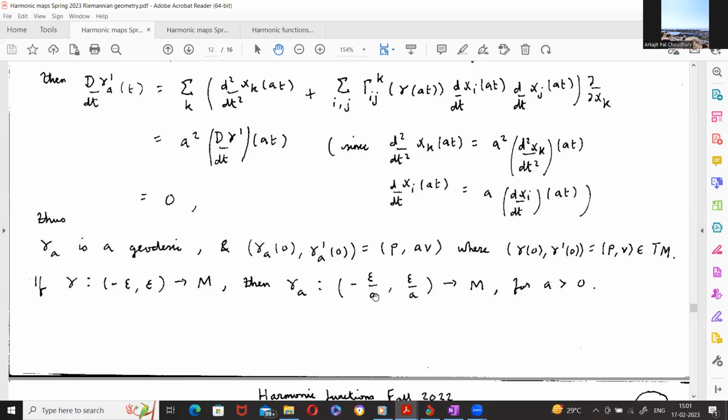What does it mean to take a small? That means the initial condition of this geodesic, gamma_a prime 0, which is aV, becomes smaller by a factor of a. So if I take my initial vector to be of small length, then it's defined for a larger time. For example, if I decrease the length by a factor 2, then the time gets multiplied by a factor 2. Does that make sense?